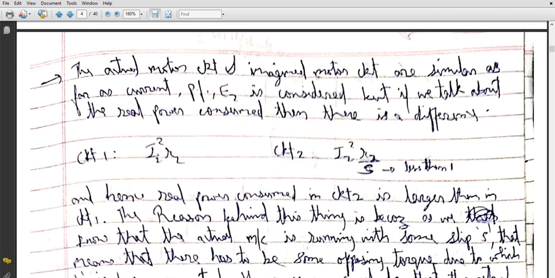So if there is a slip present in an induction machine, that means there is some opposing torque. Some active power is consumed in providing that mechanical torque. Where does this slip power go? It basically goes into providing that mechanical power.